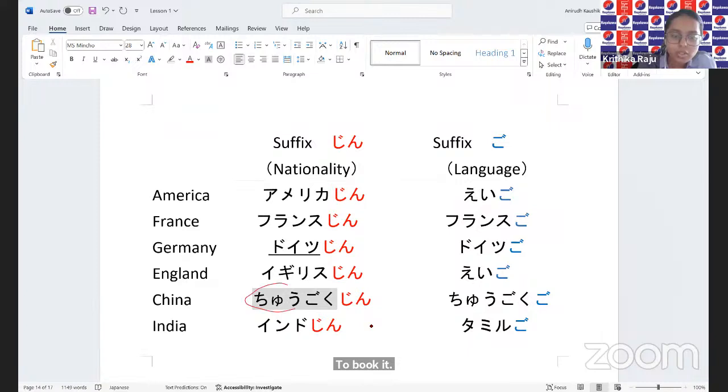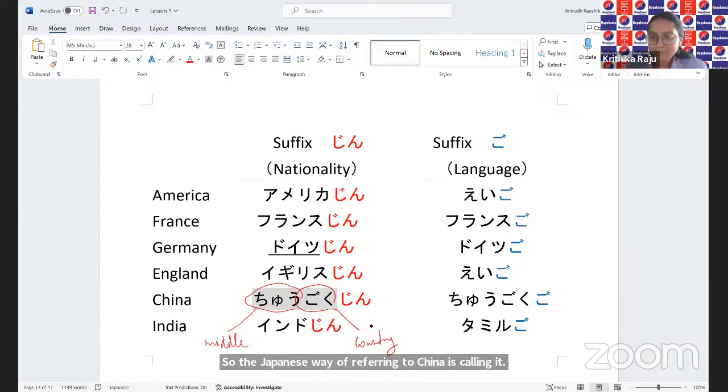Chu is middle and goku is country. So the Japanese way of referring to China is calling it middle country. Chugoku. So it's a very Japanese word for China. Chugoku jin is a Chinese person.